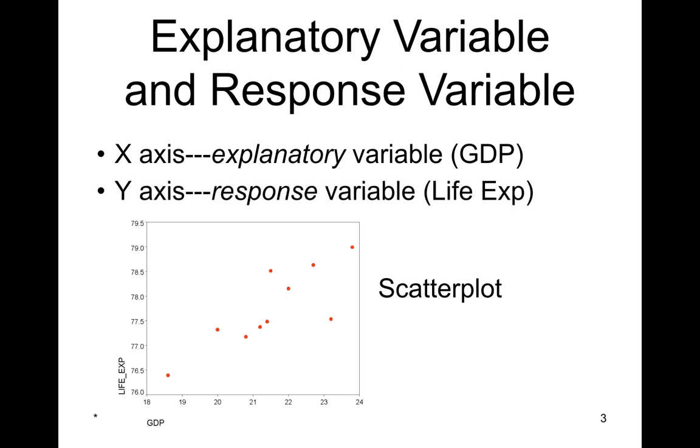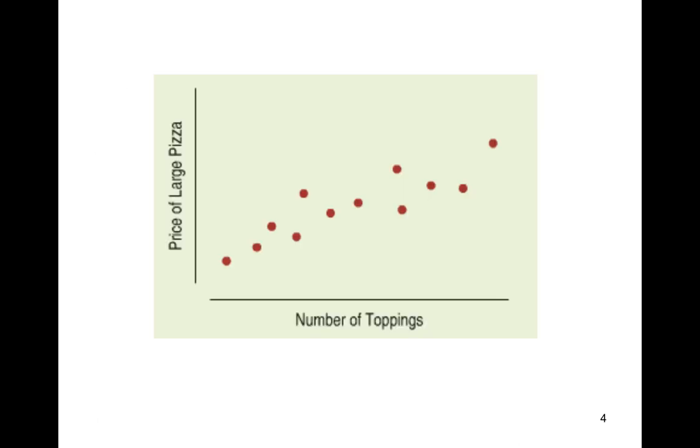And your Y axis variable, in this case, life expectancy, is known as the response variable. The way I remember it is the response variable, the y-axis variable, responds to what the x-axis, the explanatory variable, does. So that is a scatter plot.